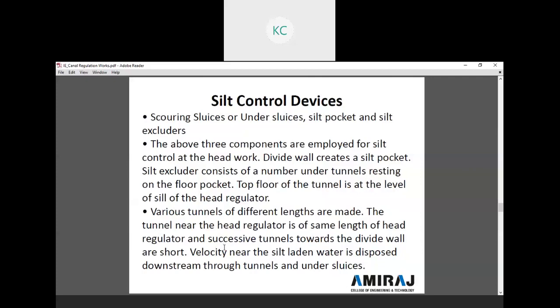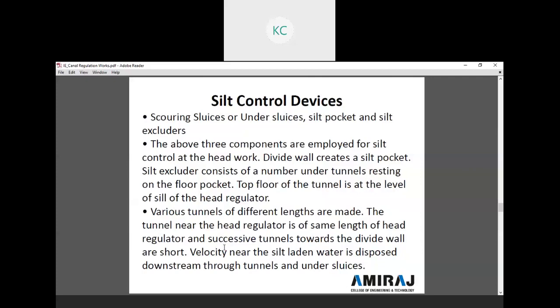And the silt excluder is situated after the cross regulator or head regulator, whose work is to remove the floating debris or floating silt material inside the canal, the parent canal or the off-taking canal.